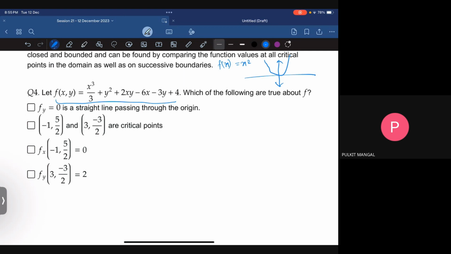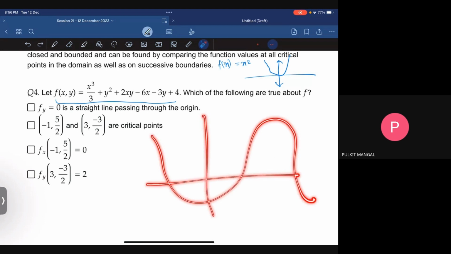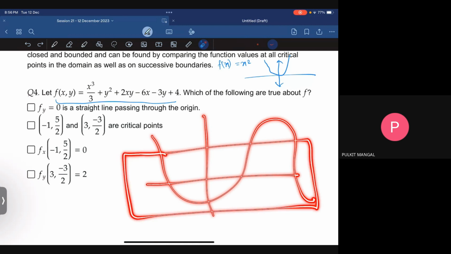We bound my function under some rectangle or square, and the process is the same. First find the critical point, and also find the function value on the border region. Say I have one function and I am bounding it by some rectangular region.